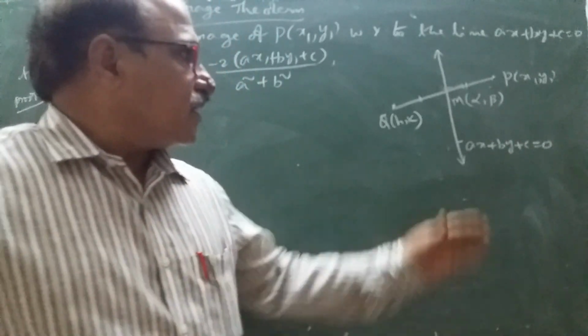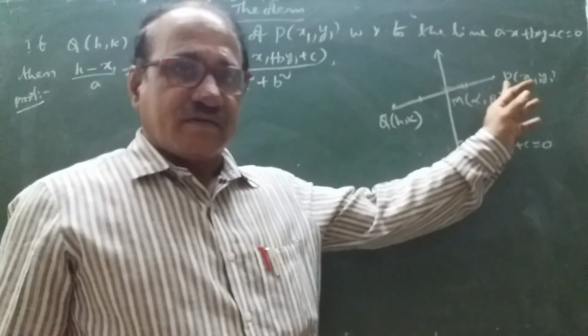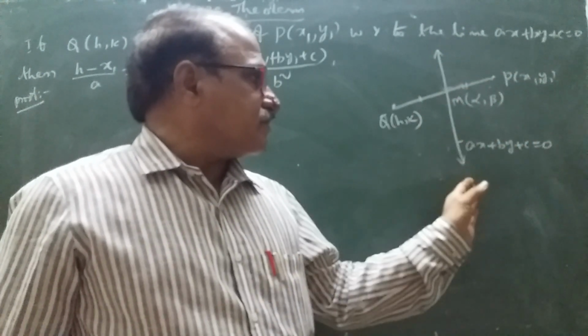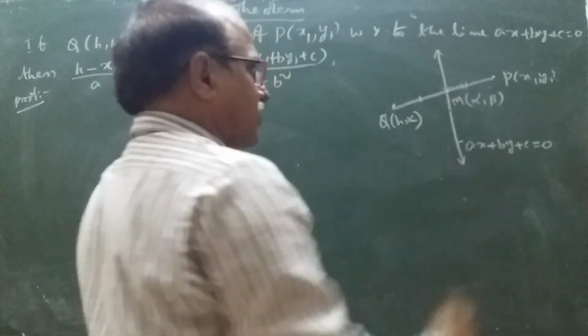Here M is the foot of the perpendicular from P on the straight line ax + by + c = 0.